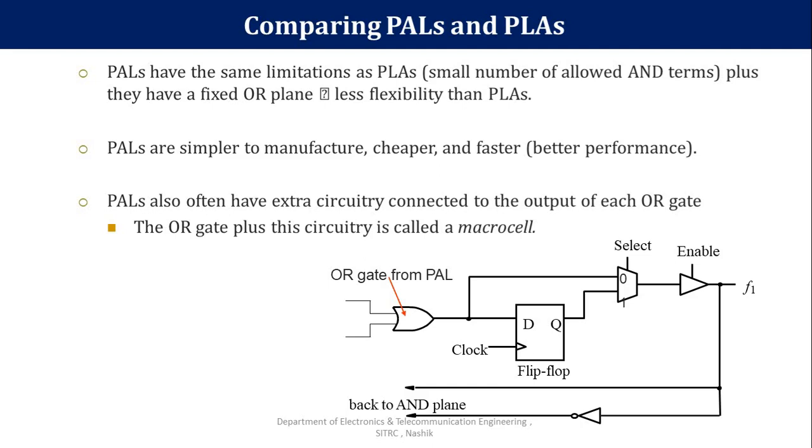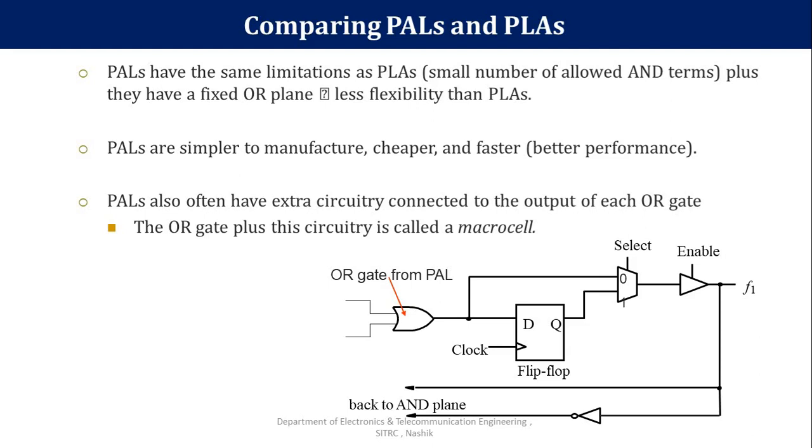It consists of the output from the OR gate being given to the D flip-flop. Then the D flip-flop output is given to the multiplexer, as well as the D flip-flop input is given to the multiplexer. Means you can provide input without clock or after the clock to the multiplexer.